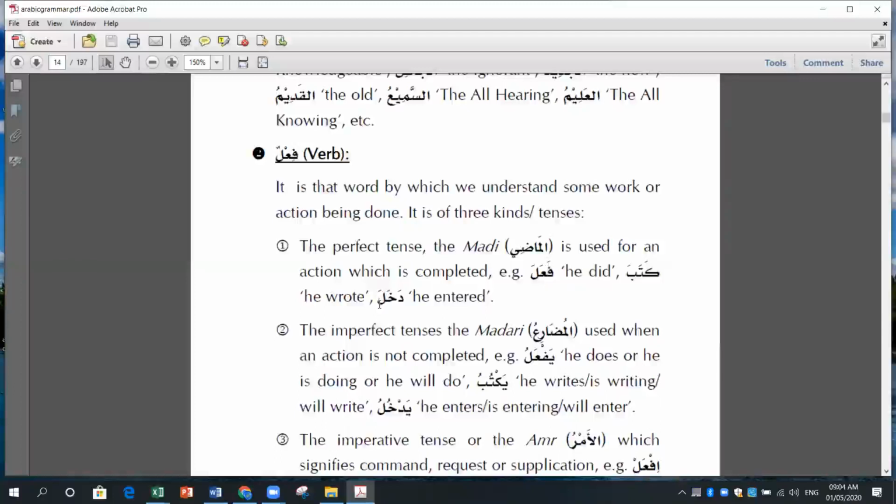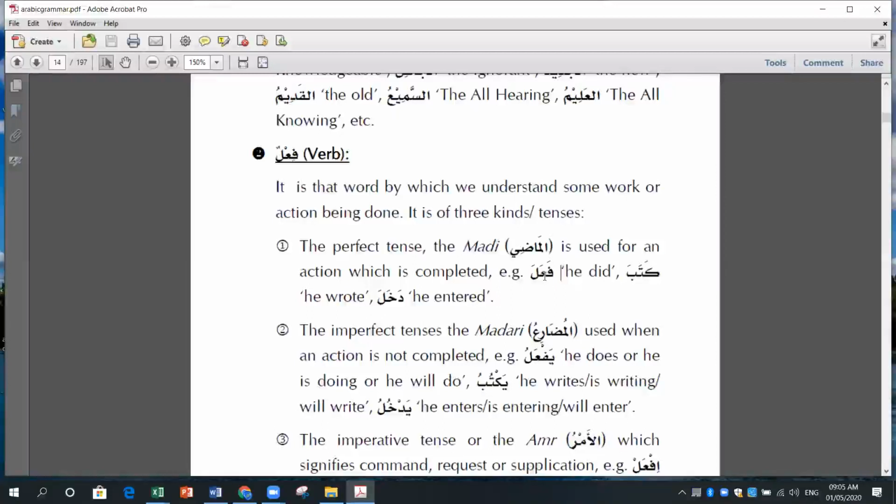Understand? So there are a total of three scales for any verb, and I'll tell you all three. For example, it may be fa'ala, it may be fa'ila, where the ain will have a kasra, or it may be fa'ula, where the ain will have a dhamma.